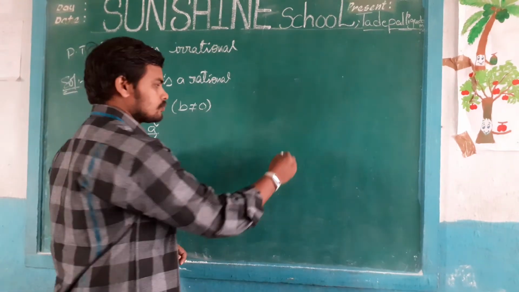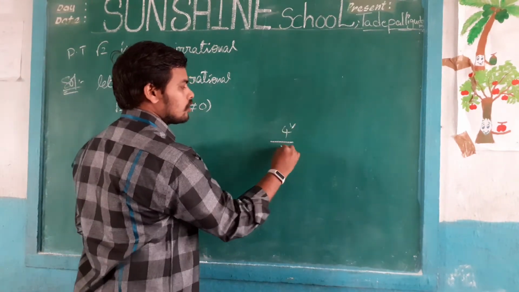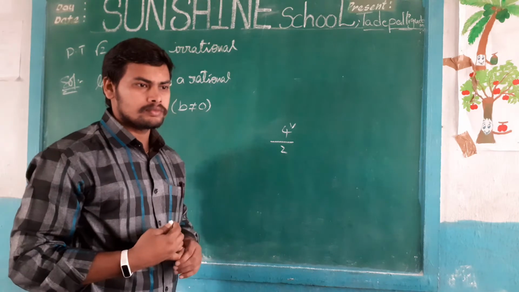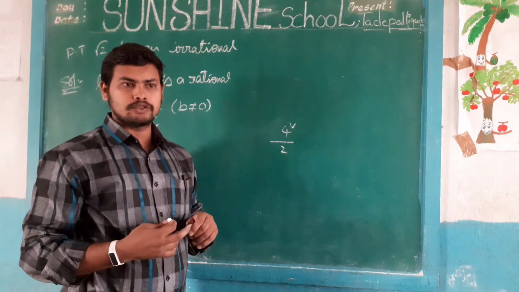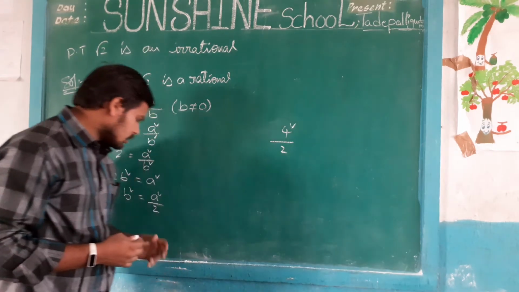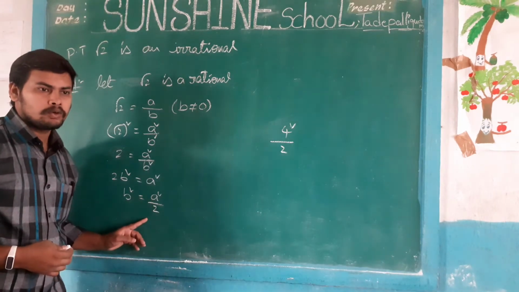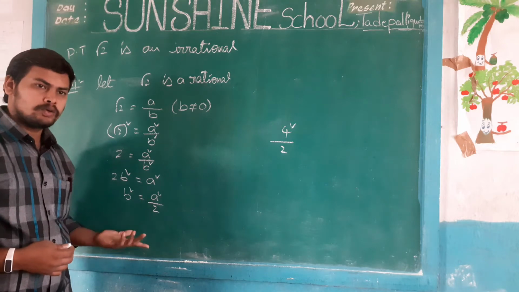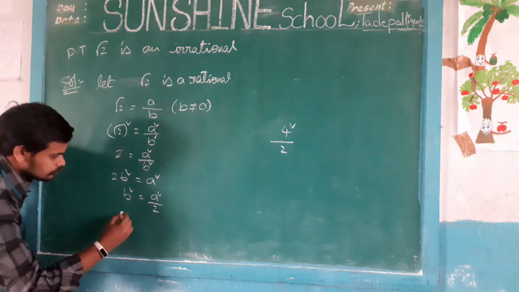For example, 4 square is 16. 16 is easily divisible by 2, so 4 is also easily divisible by 2. In the similar way, a square is divisible by 2, so a is also divisible by 2.